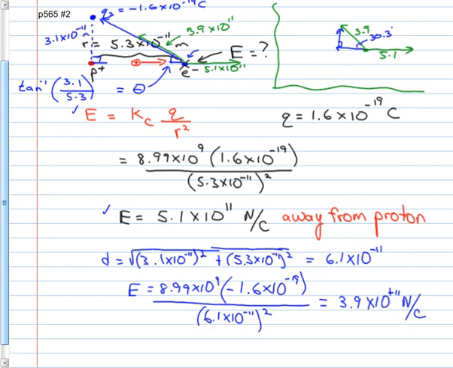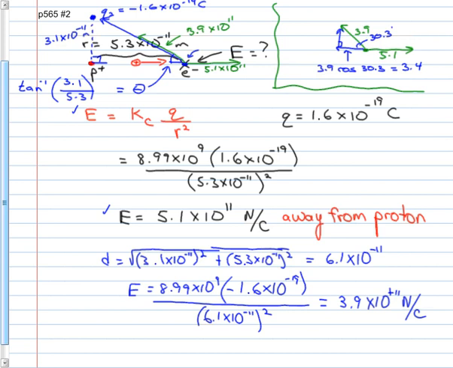So how am I going to get this component of that 3.9? How will I get that component down here? The hypotenuse times the cosine. 3.9 cosine of the 30.3. So I get 3.4.